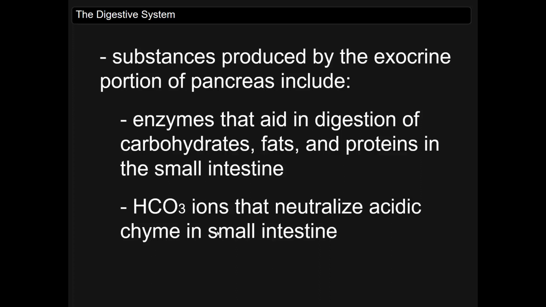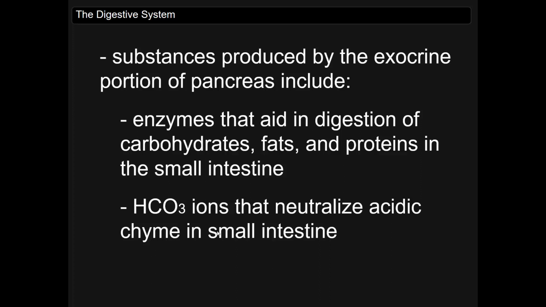And we're also producing bicarb ions. Remember, earlier we talked about the stomach having very acidic contents, 1.5 to 3.5. We're dumping those contents into the small intestine. The small intestine doesn't want an acidic environment, so we're going to neutralize that acid. So these bicarb ions are going to help us neutralize the acid in the duodenum.